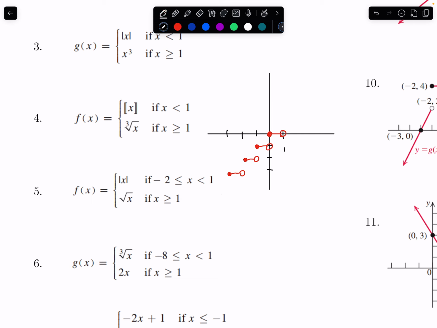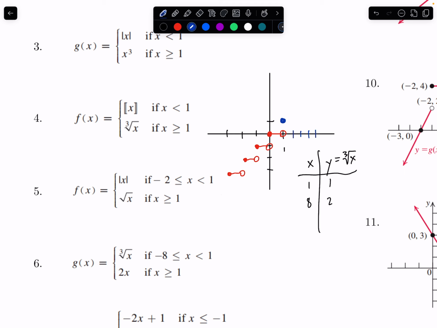So after that, I have the cube root of x from 1 onwards. So what is the cube root of x? Actually, this is a good spot to make a little table. So I want the cube root of x, but only for x that's 1 or greater. So 1, cube root of 1 is 1. And next thing I can take the cube root of easily would be 8. Cube root of 8 is 2.